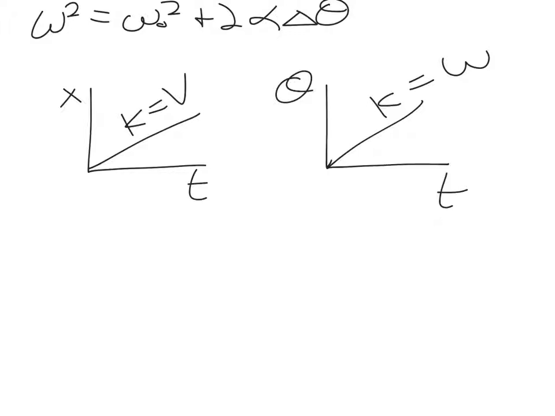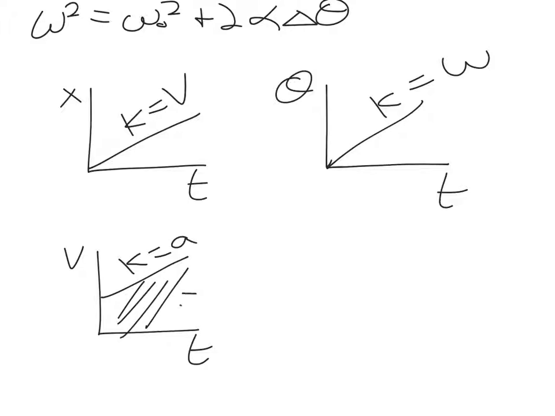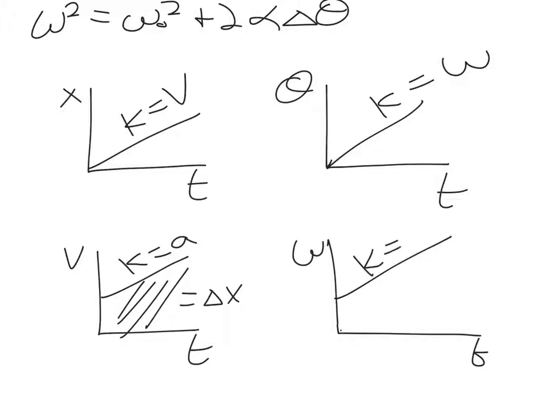If you had a graph of velocity versus time, there were a couple of things. The k value was the acceleration. The area under the curve was equal to the displacement, right? Well, same thing we can do here. If you have a graph of omega versus time, then the k value is the angular acceleration.